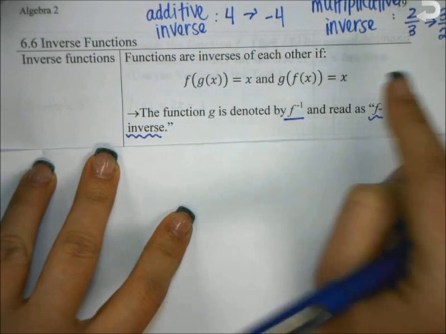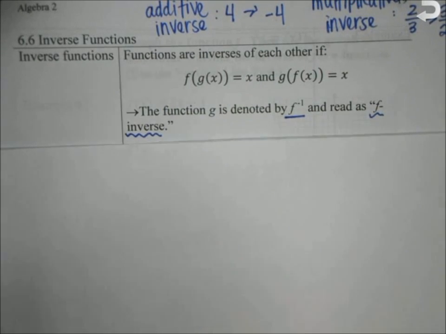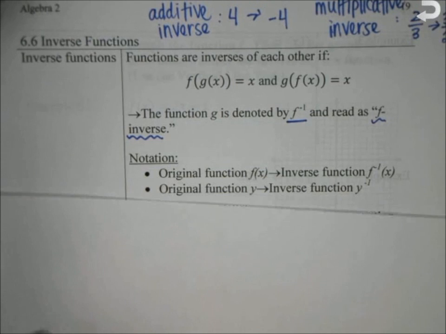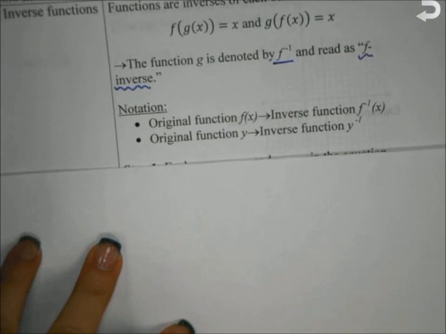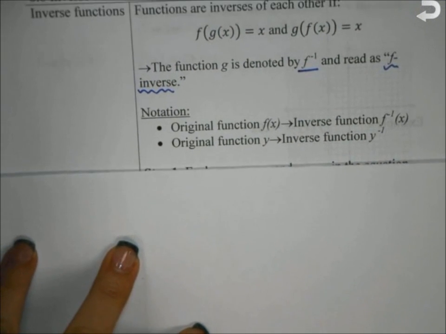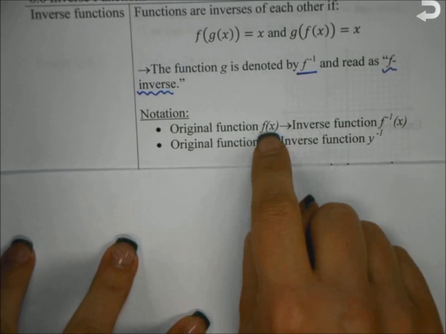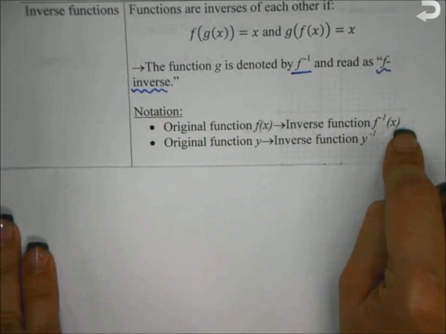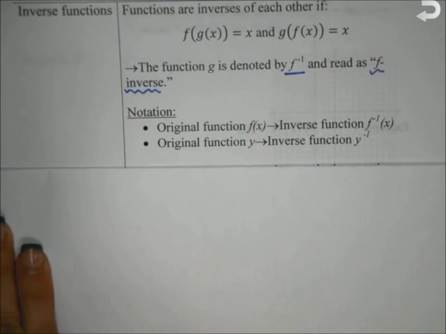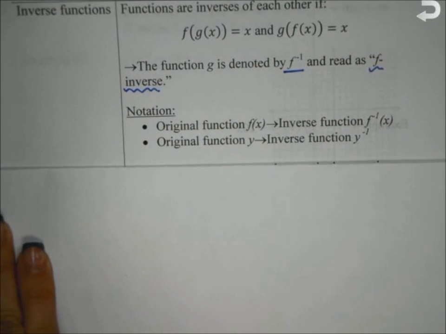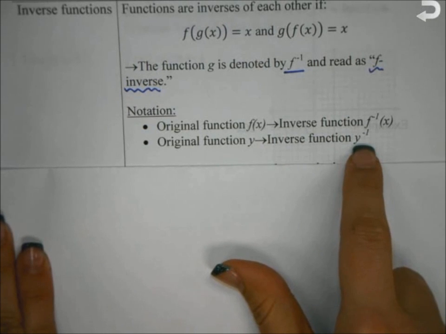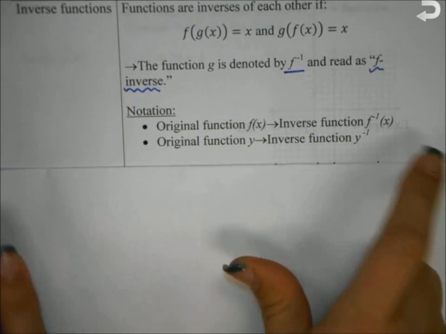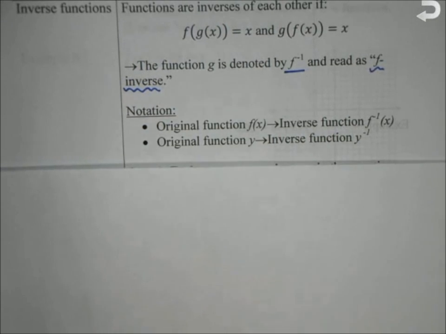We also have notation for how we denote these things. If our original function is f of x, then the inverse is f inverse of x. If our original function is, for example, y equals something, then we can just write the inverse as y inverse. So you don't have to change it to f of x all the time. If it comes to you as a y, you write your answer y inverse.